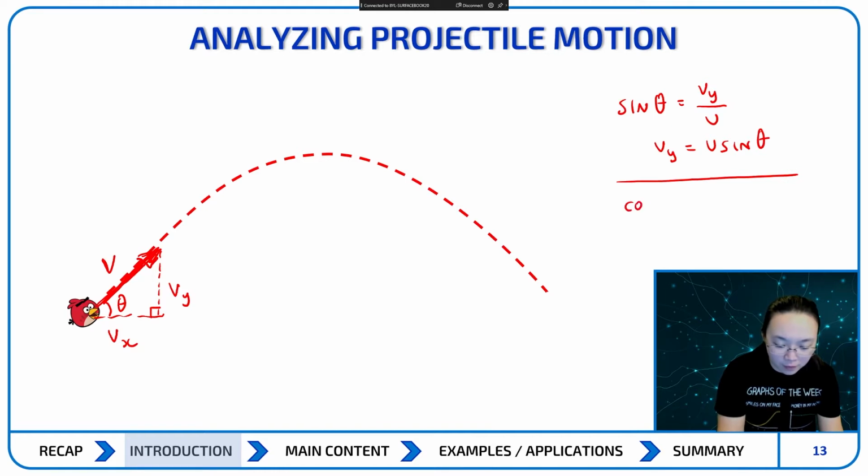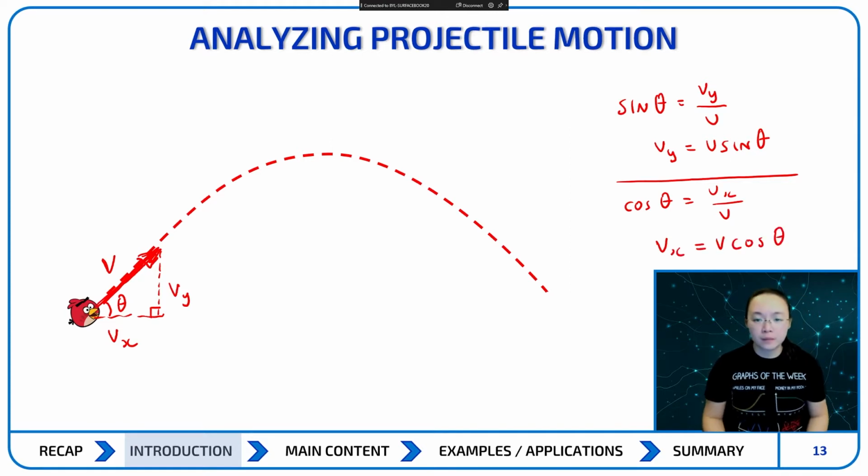I can also have cosine of theta, which is equal to Vx over V. So my Vx is equal to V cos theta. Those are the two equations you can use to break down your vector.